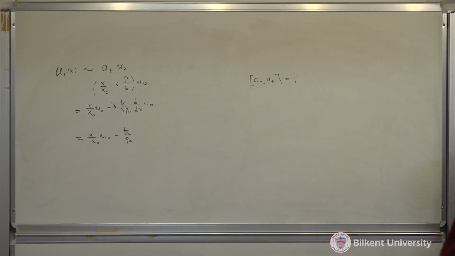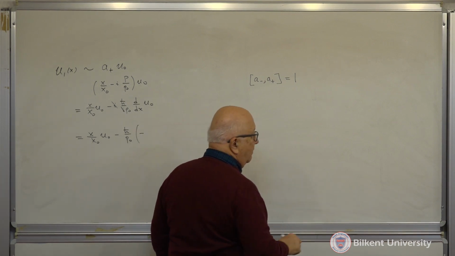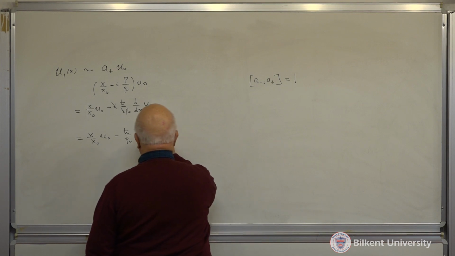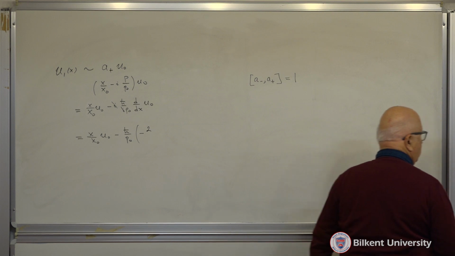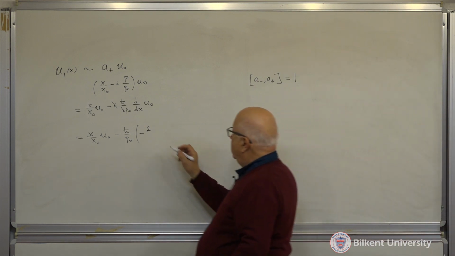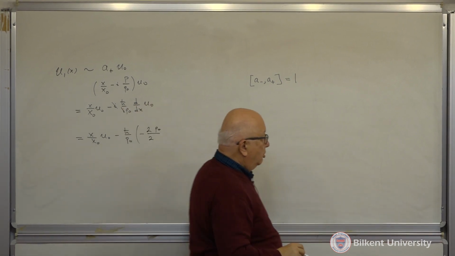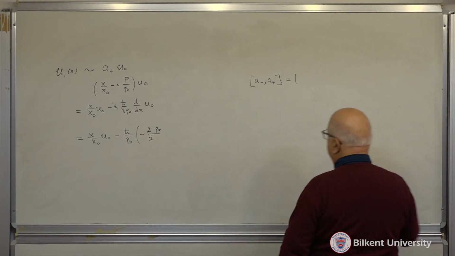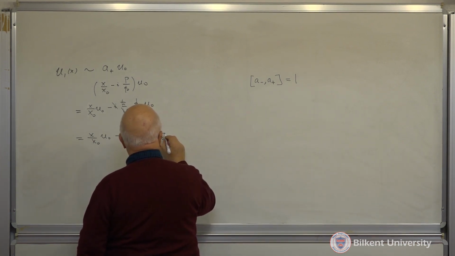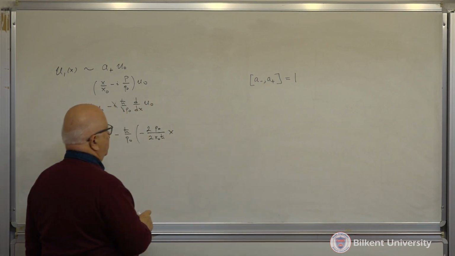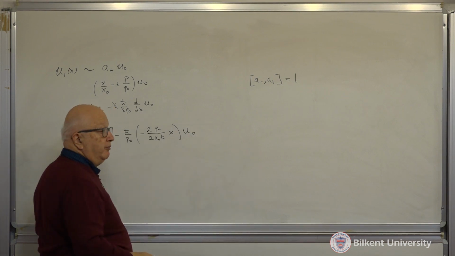That's going to be minus again, minus 2 p0 over 2 x0 h bar times x, times u0 again.